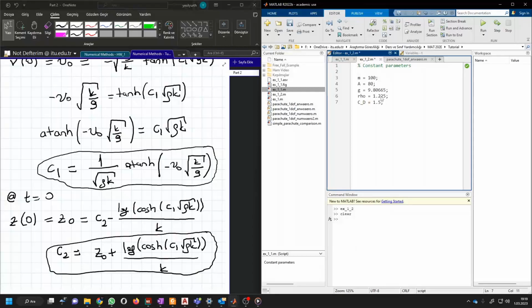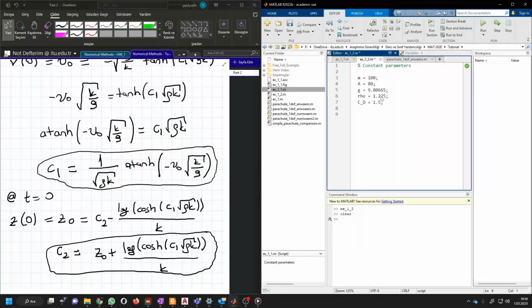This is also a reasonable value. It depends on the geometry of both the parachutist and the parachute, but 1.5 is quite an average value.